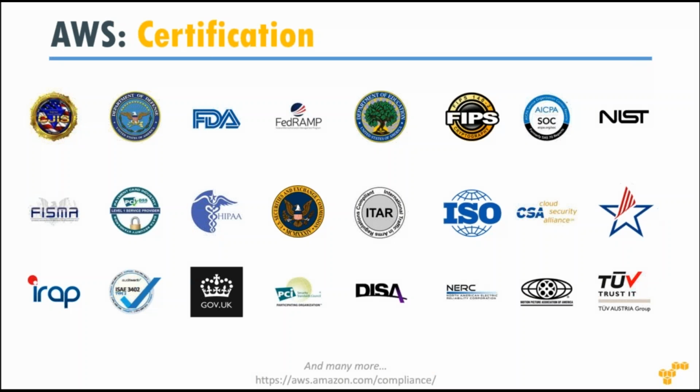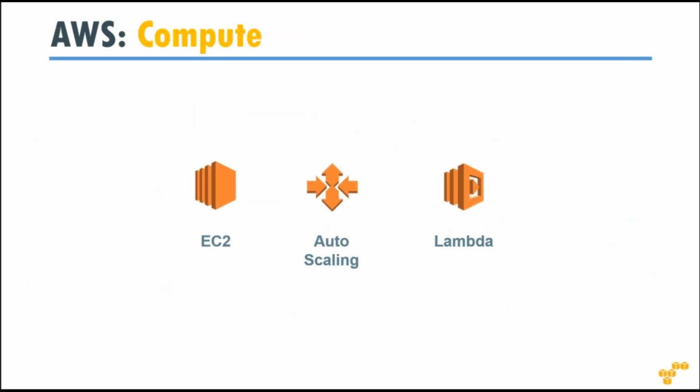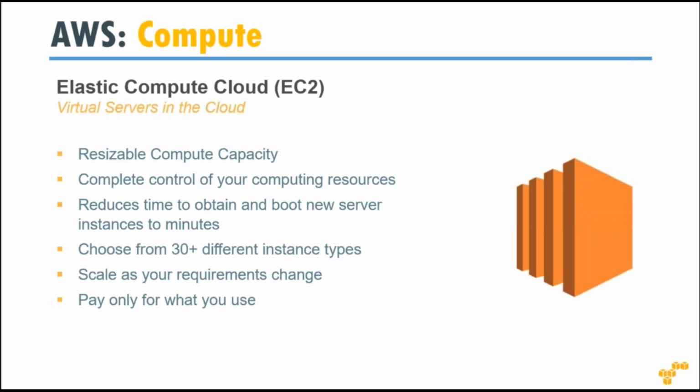So moving forward, I just want to touch briefly upon some of the services. This you might have seen already. Let us touch upon them a little bit more in detail. Compute is virtual servers in the cloud. What I mean by virtual servers is typical virtual machines in the cloud.